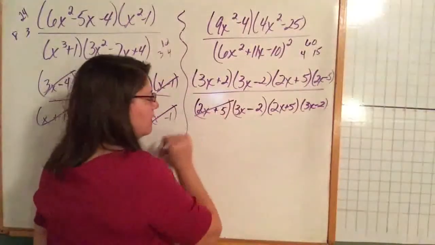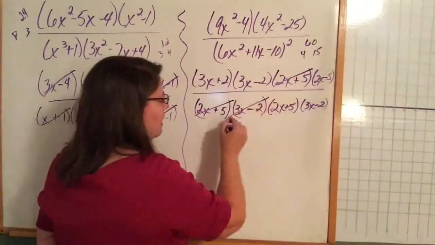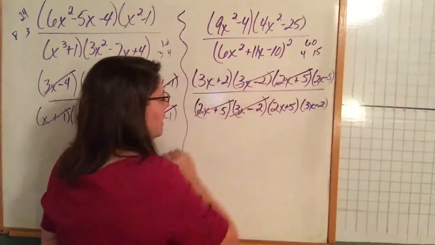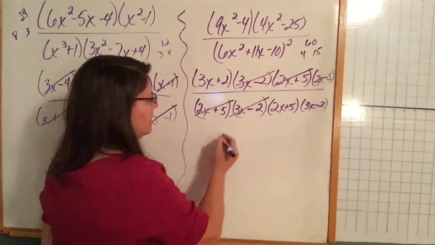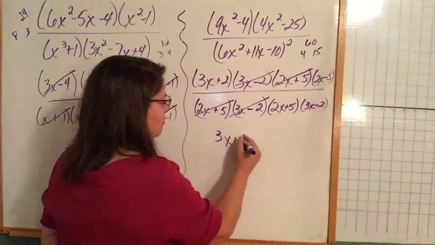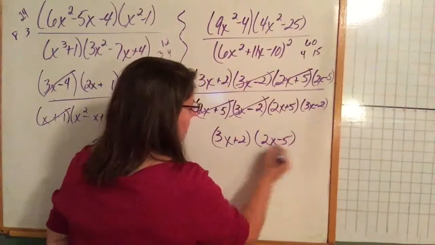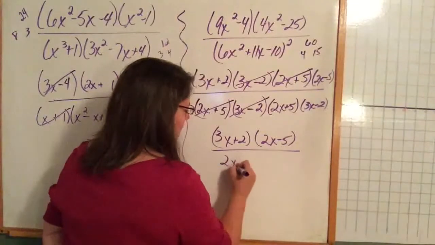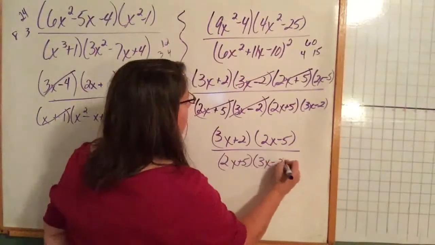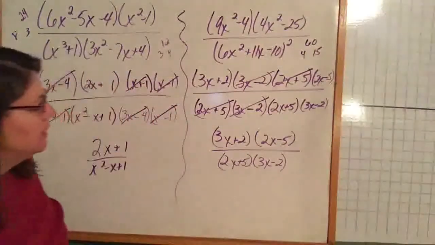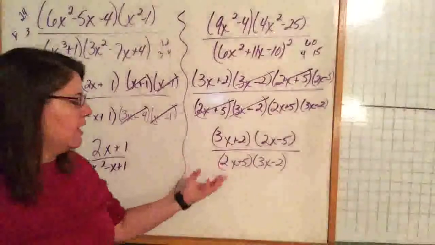So 2x plus 5, 2x plus 5, 3x minus 2, 3x minus 2. And it looks like that is all I can do. So I've got 3x plus 2 times 2x minus 5 over 2x plus 5 times 3x minus 2. And that is all I can do with that. So there's nothing else that cancels.